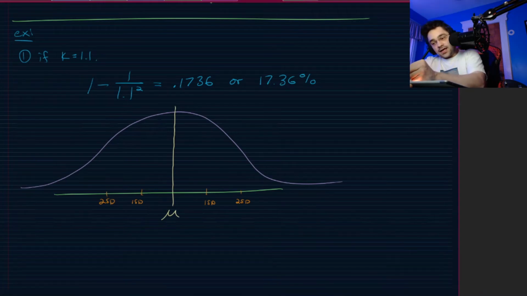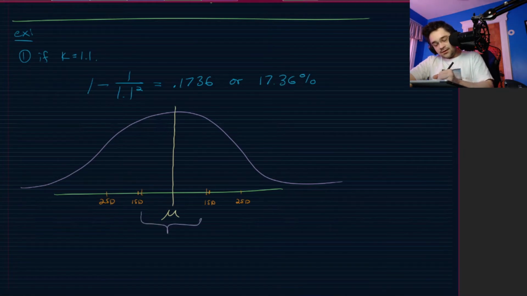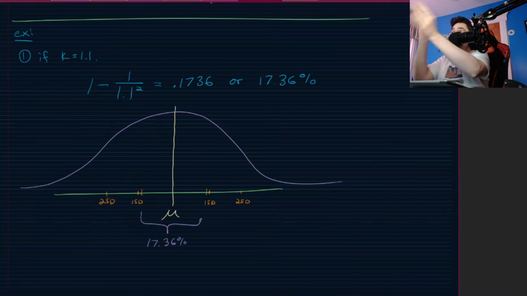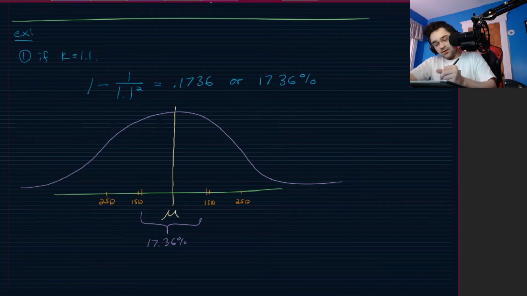But I guess 1.1 standard deviations then would be right around here or so. And what this is saying is that at minimum, this distance is going to be 17.36%. At minimum, 17.36% of the data will be within these two spots. Oh wait, I meant to go to that one actually, the one further, like that.